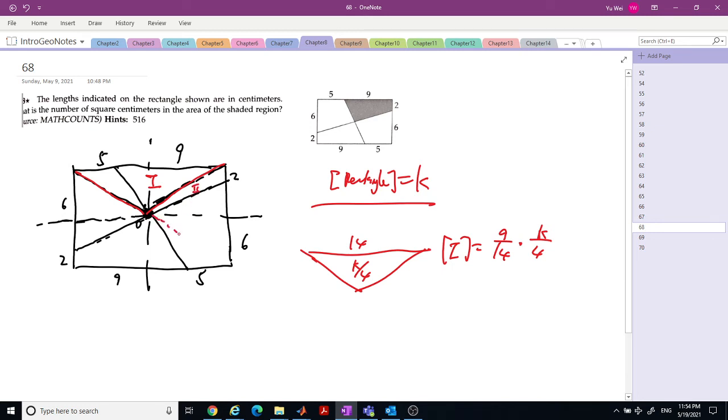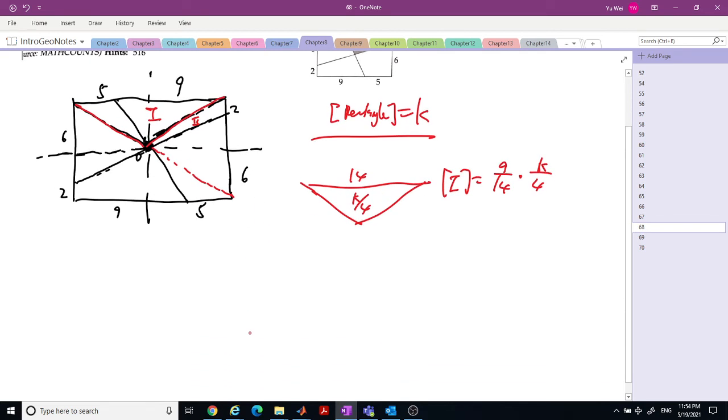Piece 2 will be this triangle. You can see this triangle is also a quarter of K, right? That's 8. This is the 2. So this is also a quarter of K, and this is 2 over 8, right?